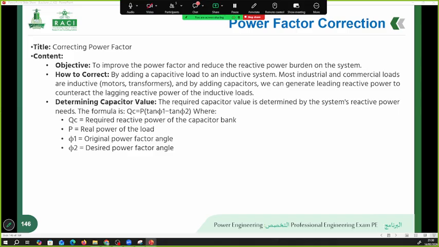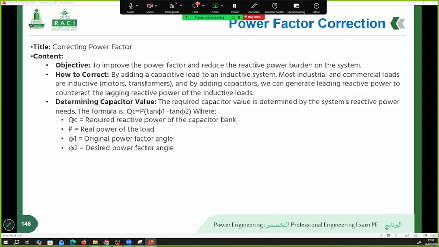Capacitors, by their nature, generate leading reactive power. By strategically adding capacitor banks at the load or substation, we can generate just enough leading reactive power to counteract the lagging reactive power from the inductive loads. This effectively balances the system and reduces the need for the utility to supply as much reactive power.